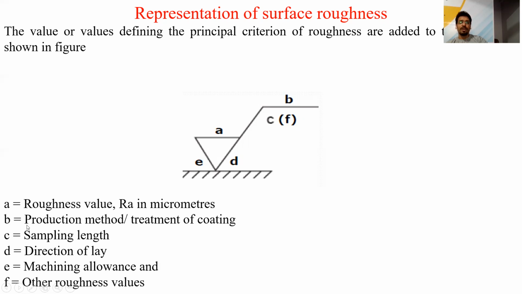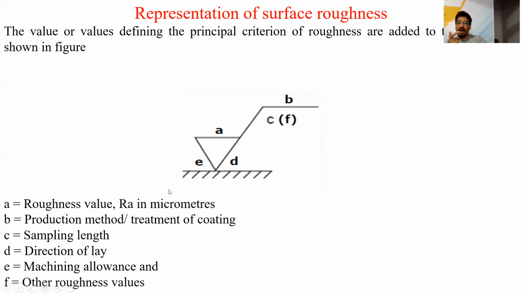So this will tell you the operation method or production method, treatment or coating, this letter B. Next, C or F. C will tell you the sampling length, the amount of length which is taken for the testing process. And in brackets, if any value is written with this C, then it will tell you the other roughness value.